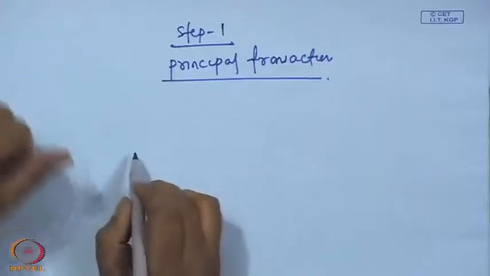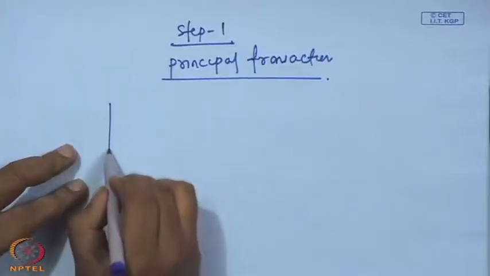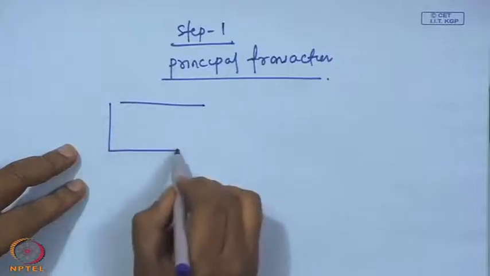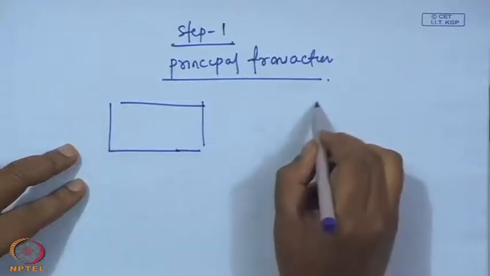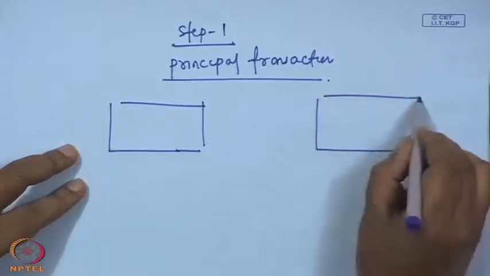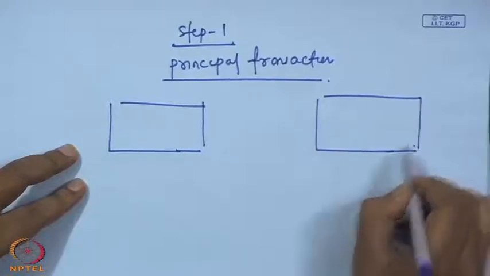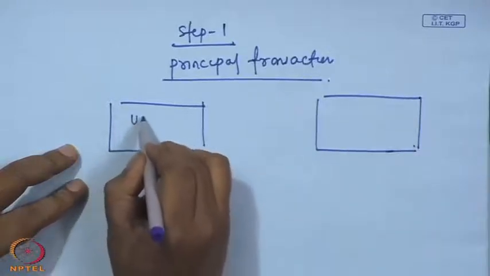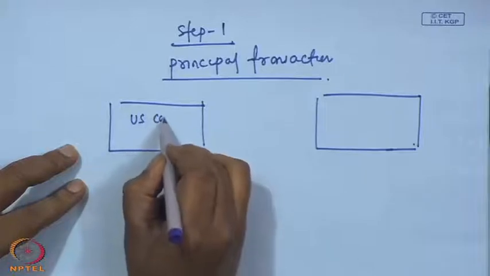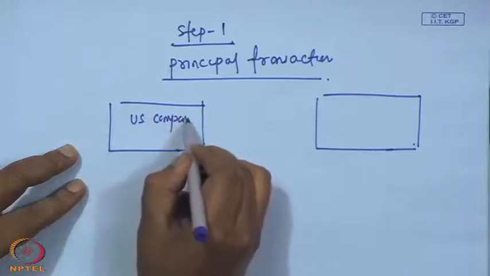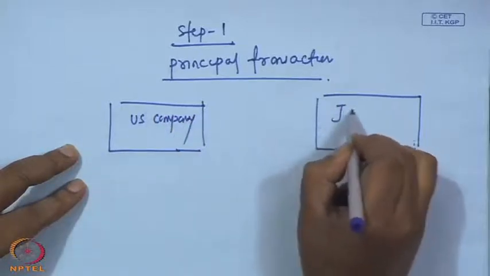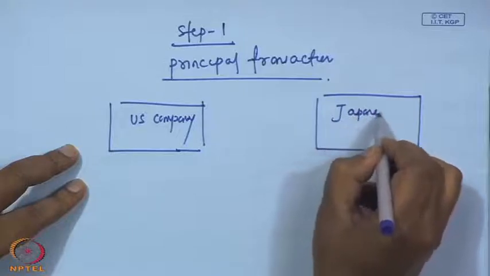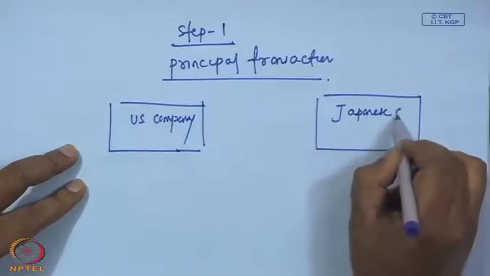In the principal transaction, what will happen? The two parties will be there, the US company and here the Japanese company.